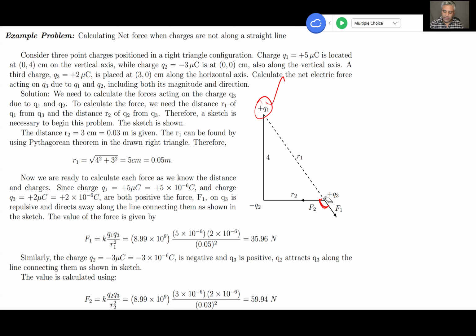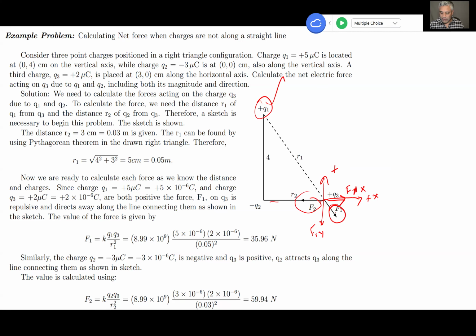So in that case, what you have to do is you need to find the component of one of those. For example, you can find component of this, and then, for example, this is going to be x component here. Let's say if I say this one as x, so F1x and F1y, it's going to be pointing down. Let's say if we say up positive, that's going to be negative.